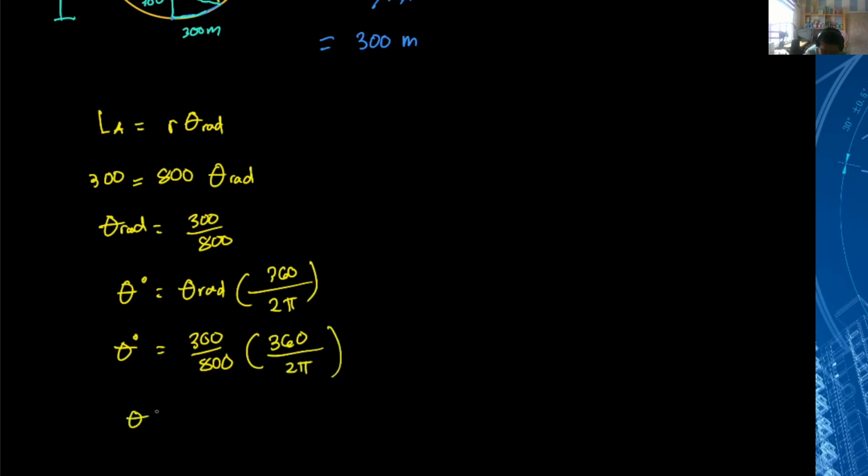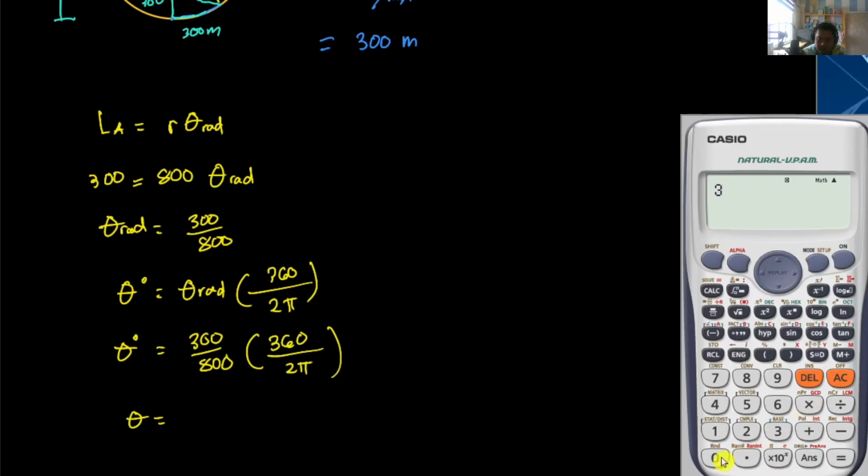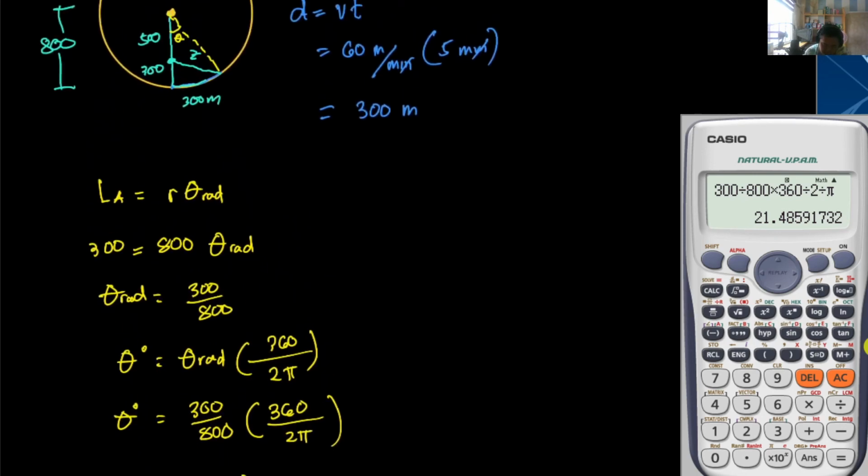So we can now solve the theta. So 300 divided by 800 times 360 divided by 2 pi. Okay. So we have now theta equals 21.49 degrees. Okay? So we have now theta.